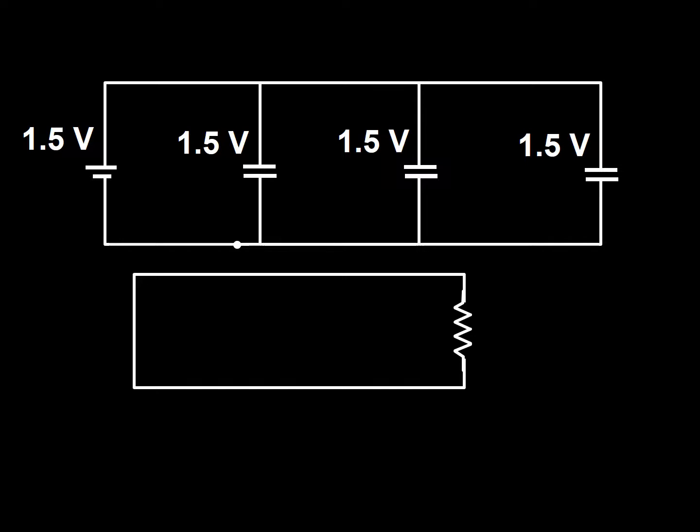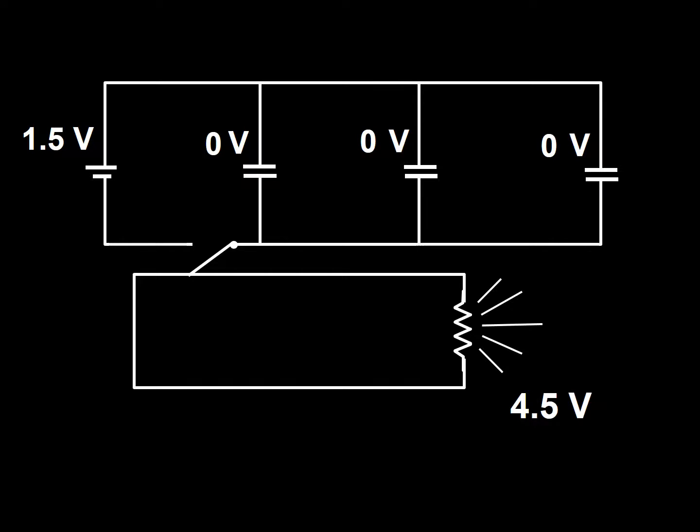As you know, based on Kirchhoff's voltage law, all capacitors are exposed to the same voltage, that is, the voltage of the battery. So, in a relatively short period of time, all capacitors develop a charge difference that is similar to the voltage in the battery.